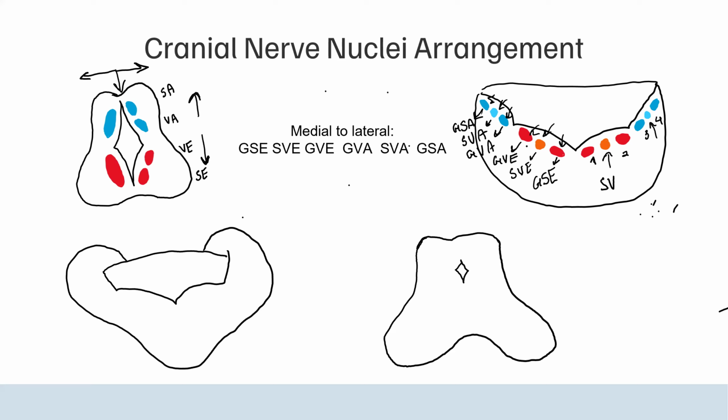Perfect, okay. Now let us try to translate that into what it would look like in the pons and in the midbrain. In the pons, it's a very, very similar arrangement where once again, we would have our motor nuclei here on either side. We would also then have our special visceral from the pharyngeal arches.